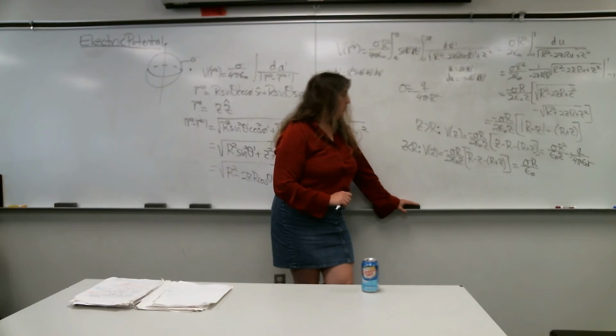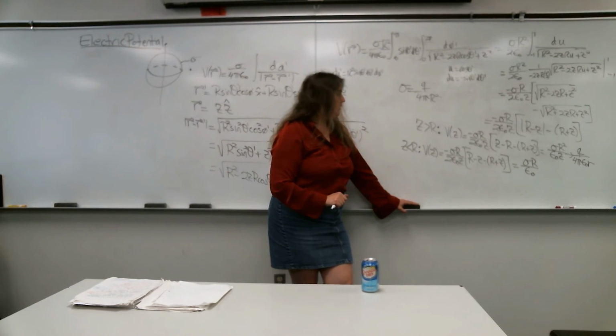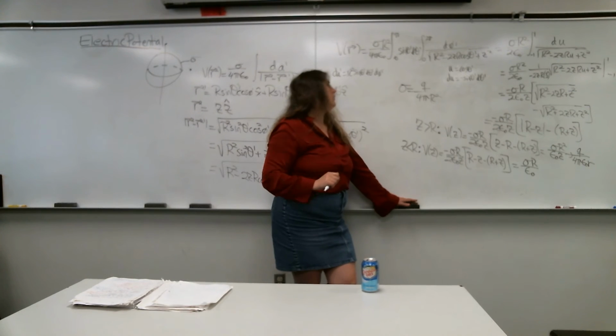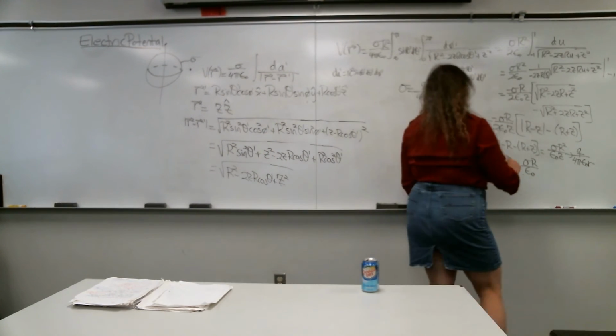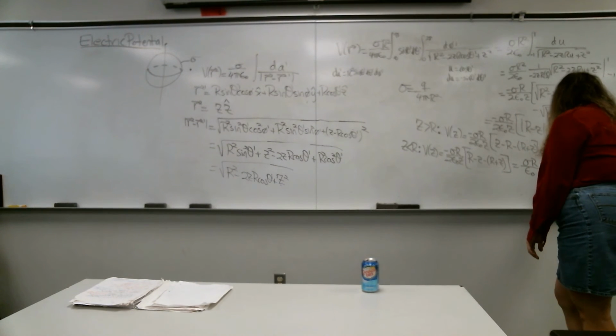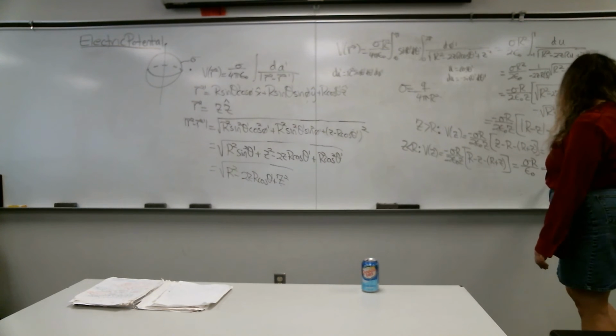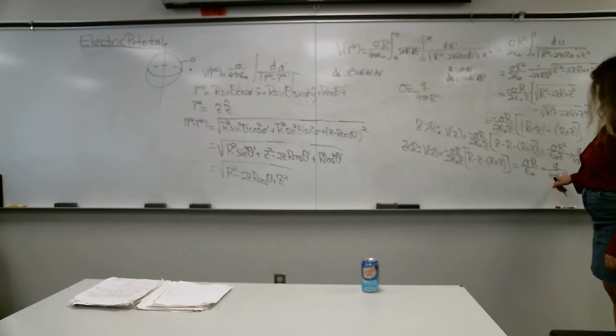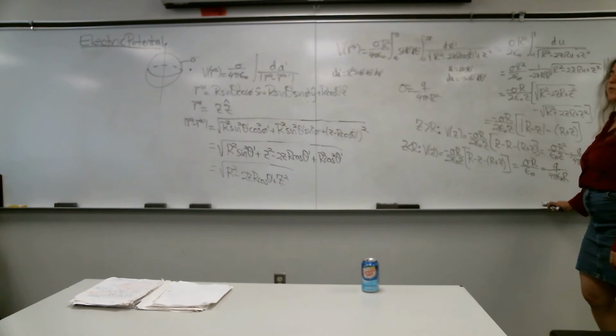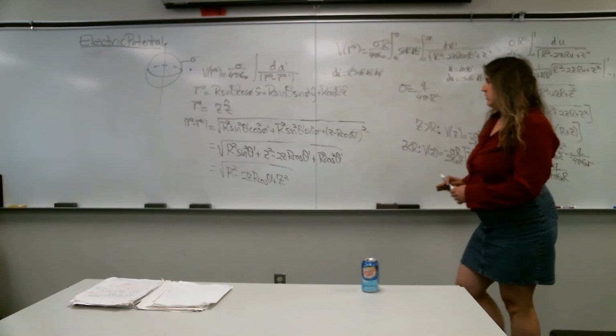I'll be left with sigma r over epsilon naught. But I know that sigma is just equal to Q over 4 pi r squared. And that tells me that my potential anywhere inside of the sphere is equal to Q over 4 pi epsilon naught capital R.